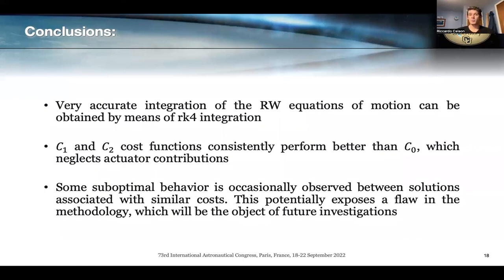Some suboptimal behavior is occasionally observed. This is what I meant when I was showing that anomaly for the third case. However, this has been observed to happen near solutions that are associated with very similar costs. Specifically, in the previous slide, you could see that the error between the two solutions is about 1.5%.